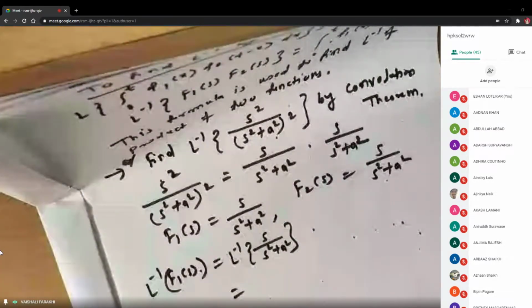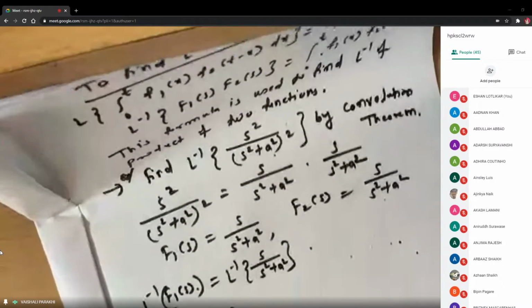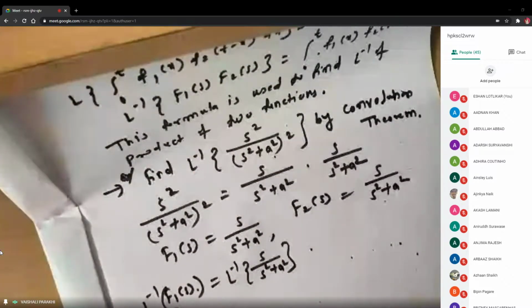Zarif, can you hear me? Zarif was not there in the last class, but do you have formulas? Yes, Zarif? Yes, ma'am. You have formulas. Just see what is L inverse of S upon S square plus A square in the formula.